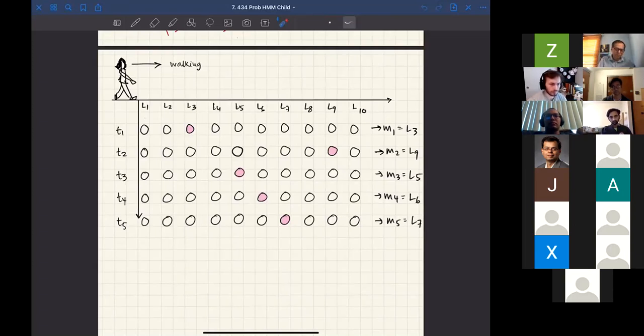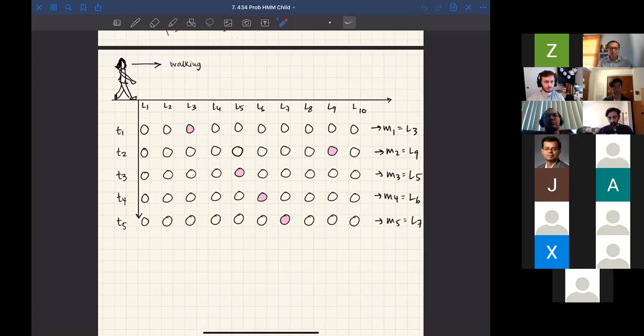But at the same time, we know some constraints or some aspects of that human's behavior. For example, we know that this person cannot walk as fast as a car. Or we know that when a person is walking forward, he or she is going to continue to walk forward with a high probability. So we have some motion model about the person's movement.